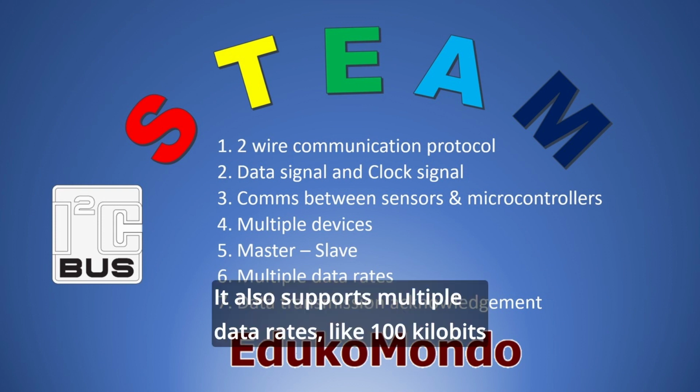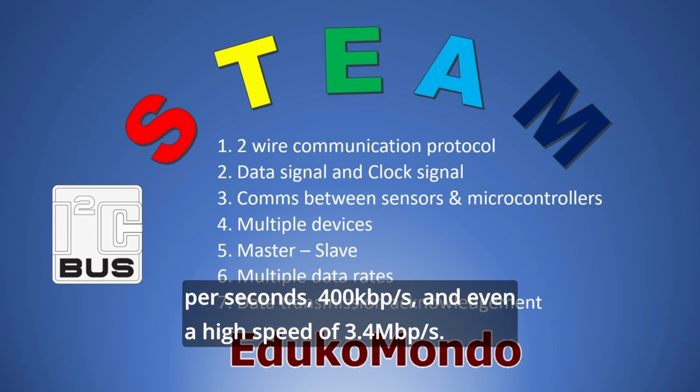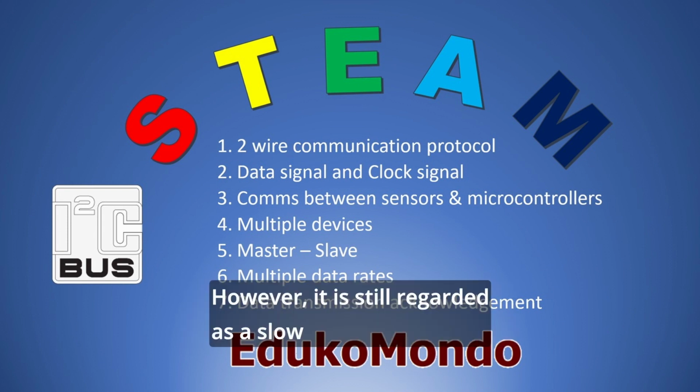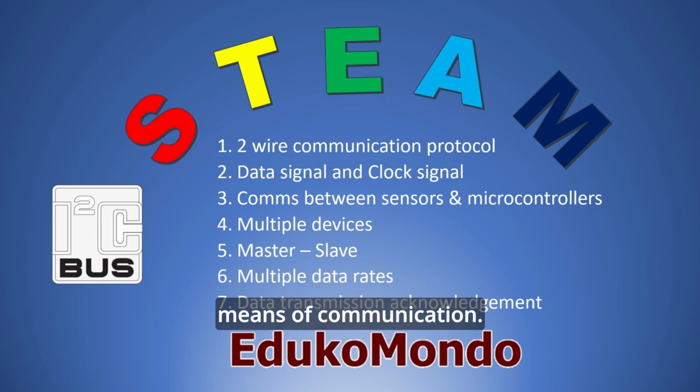It also supports multiple data rates, like 100 kilobits per second, 400 kilobits per second, and even a high speed of 3.4 megabits per second. However, it is still regarded as a slow means of communication.